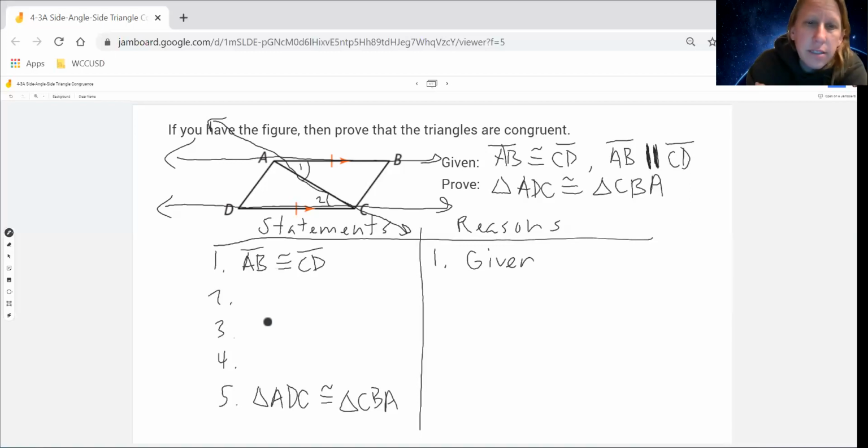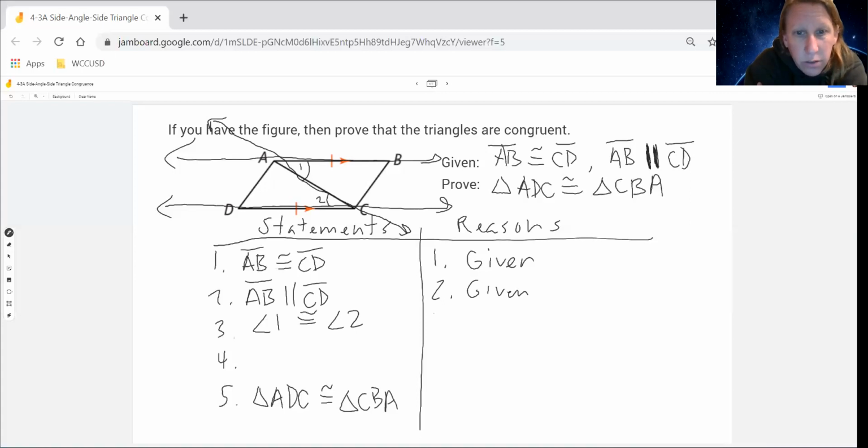Okay, so the next step I'm going to do is use the next given information. I'm going to say, hey, people, look, those lines are parallel. That's also given. And because those lines are parallel, angle 1 is congruent to angle 2. But why? What definition or theorem that we've used in another section of the book or vocabulary do you remember that explains this situation?